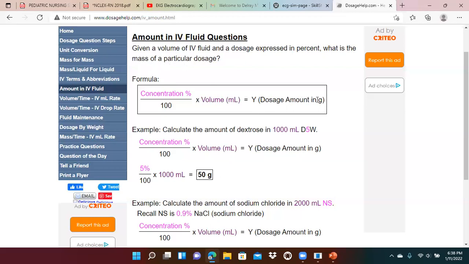So the formula: concentration percent divided by 100, times volume, equals the dose amount in gram. So dose amount in gram equals concentration percentage divided by 100 times volume.